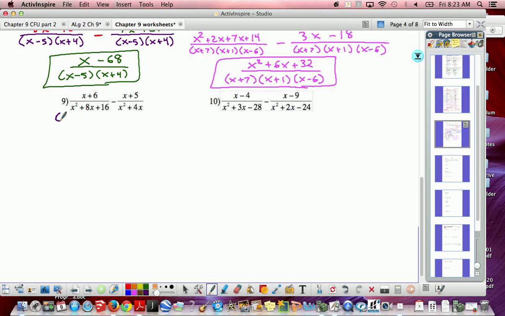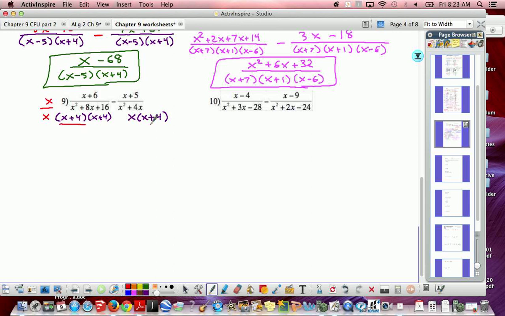So here, as I factor, factors of 16 that add up to 8 are x plus 4 and x plus 4. On this one here, it's not a trinomial, so I look at what they have in common. So this will be x times x plus 4. So the first fraction only needs an x.